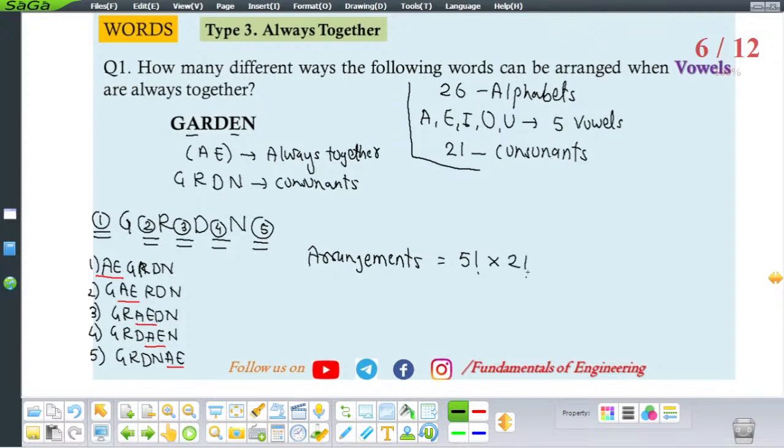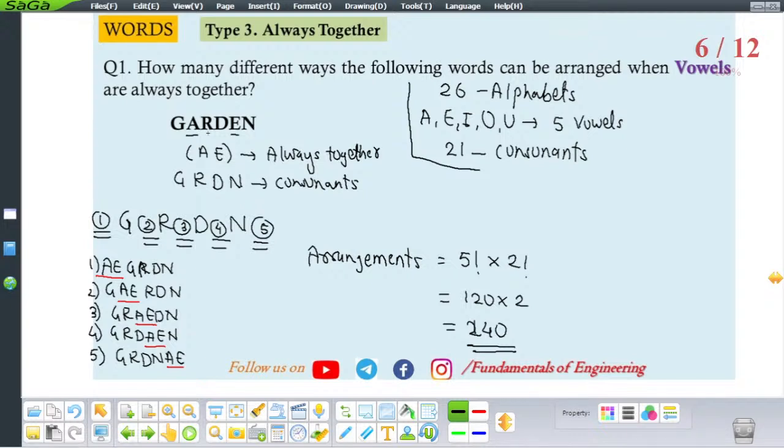So the possible arrangements are 5 factorial into 2 factorial. The 5 factorial value is 120 and 2 factorial is 2, so we get 240. These are the possible arrangements when, from the word garden, we keep the vowels always together.